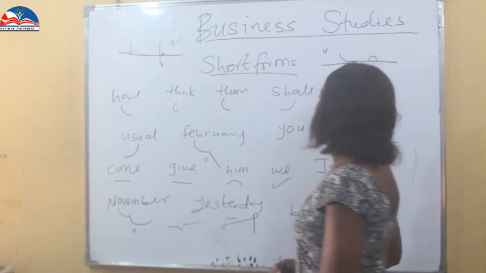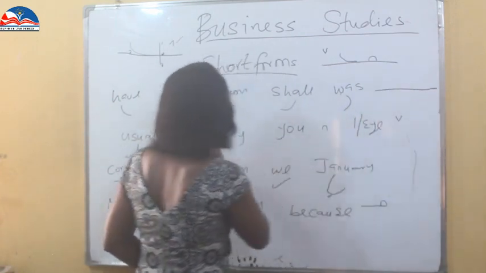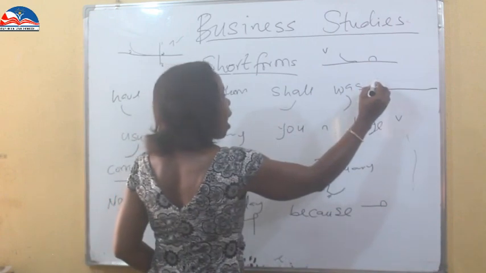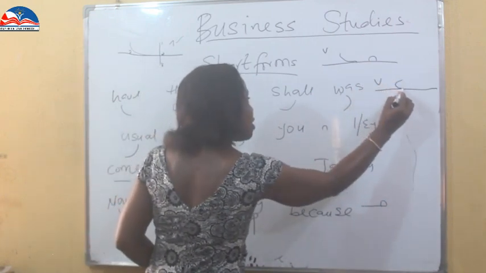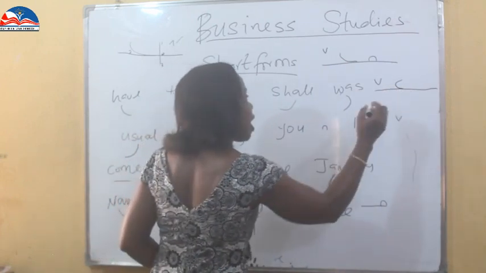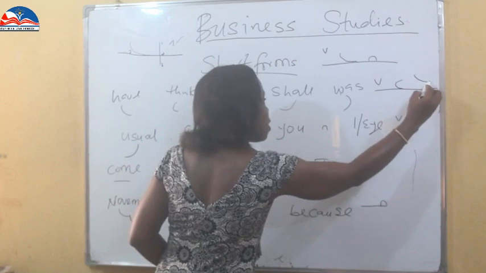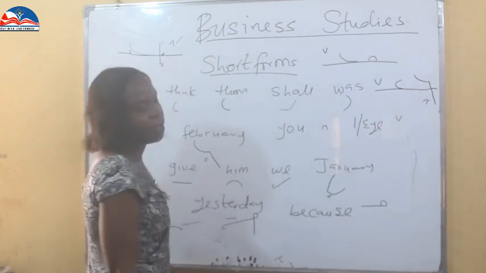Now let me use another one. I think February. This is my word, and I say I, and I use think. Think is on the line, and then we're seeing something that's going to be above the line. I think February. This is February, and I put my sign.